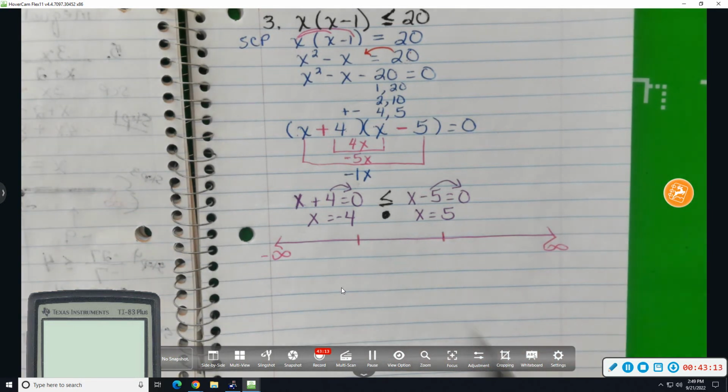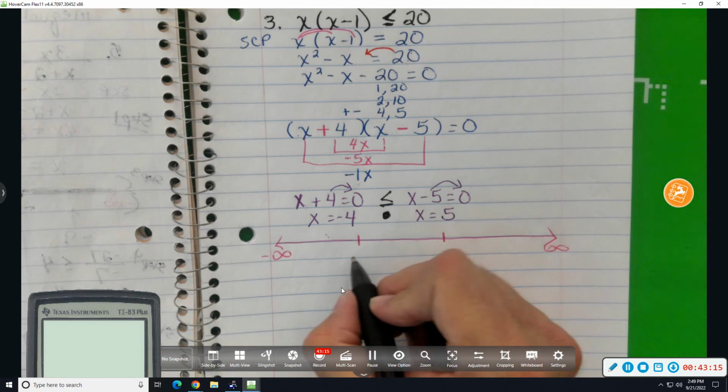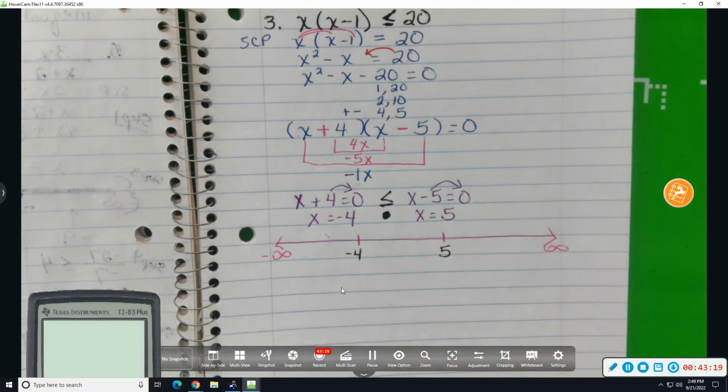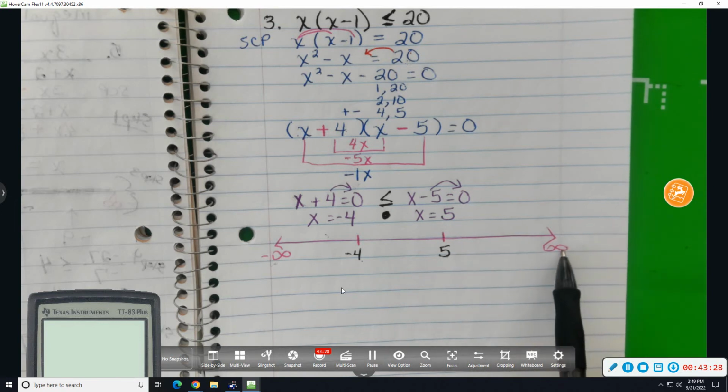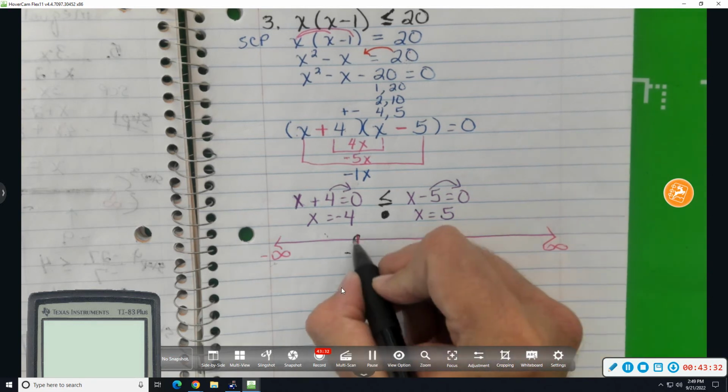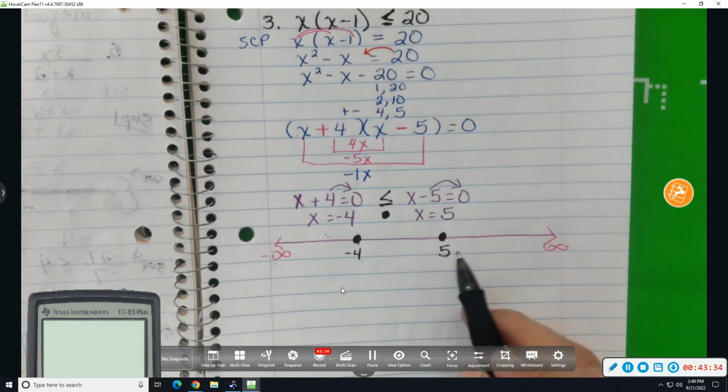A negative 4 and a positive 5. Make sure you put these numbers in numerical order. The negative 4 is closer to the negative infinity. The positive 5 is the one closer to the positive infinity. If you put those numbers out of order, you're just going to have a mess.